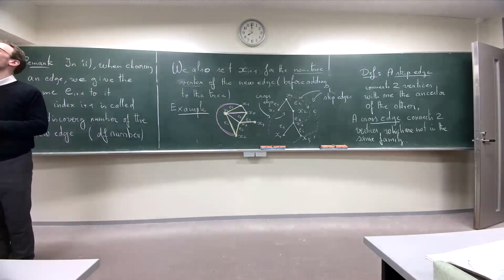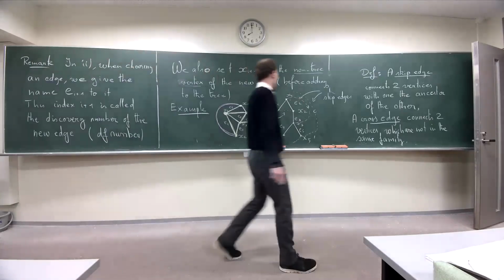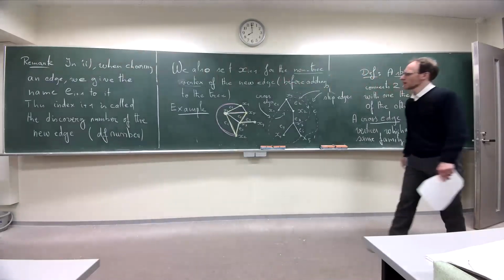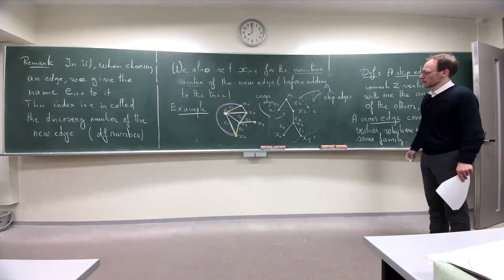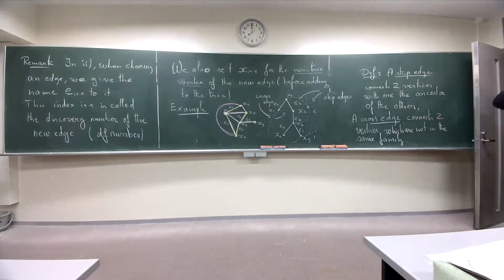Yeah. They have no common ancestor, but isn't the root a common ancestor? Yeah, but please read the definition of a skip edge. One has to be the ancestor of the other one. So one endpoint has to be the ancestor of the second endpoint. Of course, everybody has the same ancestors. The root is the ancestor for everybody.